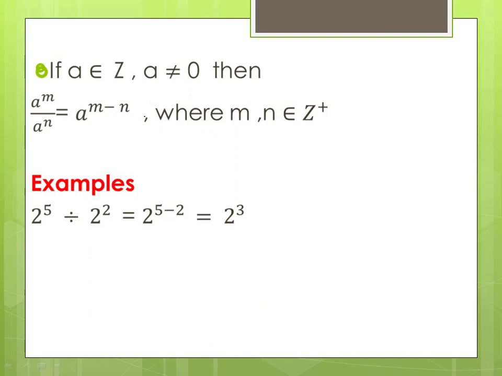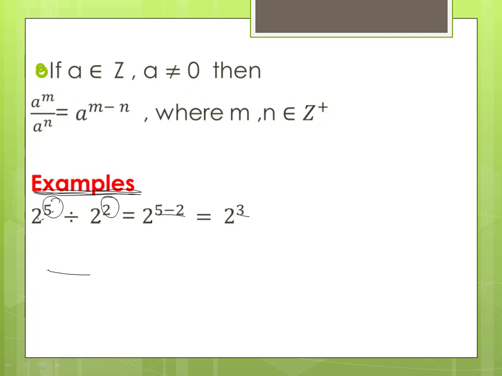Let's see another rule. Let's first explain the example and then return to the rule. When we have 2 to the power 5 divided by 2 to the power 2, so we make what? We have 2 and 2, the same base, and we make 5 minus 2. 5 minus 2 equals 3. Let's take another example.